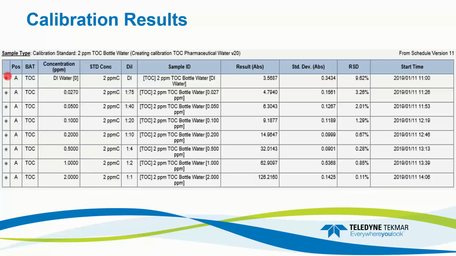The 0 was run to verify that we had less ABS counts than our 27 ppb, demonstrating the Fusion is able to accurately achieve low levels. So we want to see what that 0 point tells us, how much carbon concentration is in our standard water that we're using there. So this is due to the nature of the 0 point.